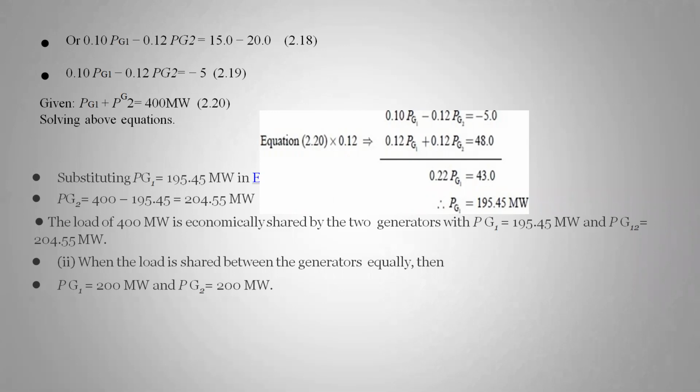Substituting Pg1 in equation 2.2, what is Pg2? 204.55 megawatt.